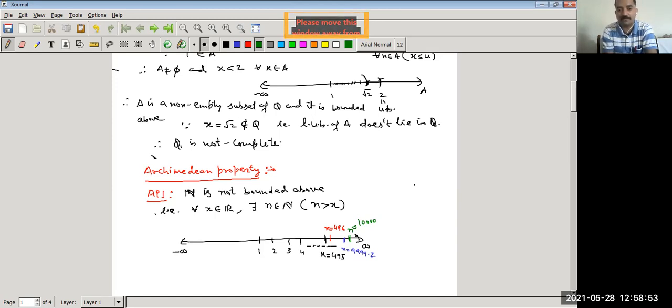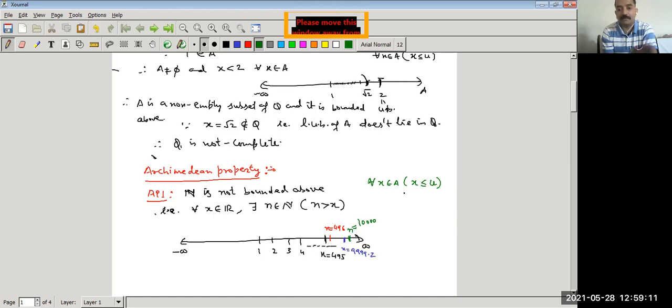So what is bounded above? We have already discussed it in our previous lecture. For all x belongs to A, x must be less than or equal to some real number u. If it satisfies this condition, then the set is bounded above.